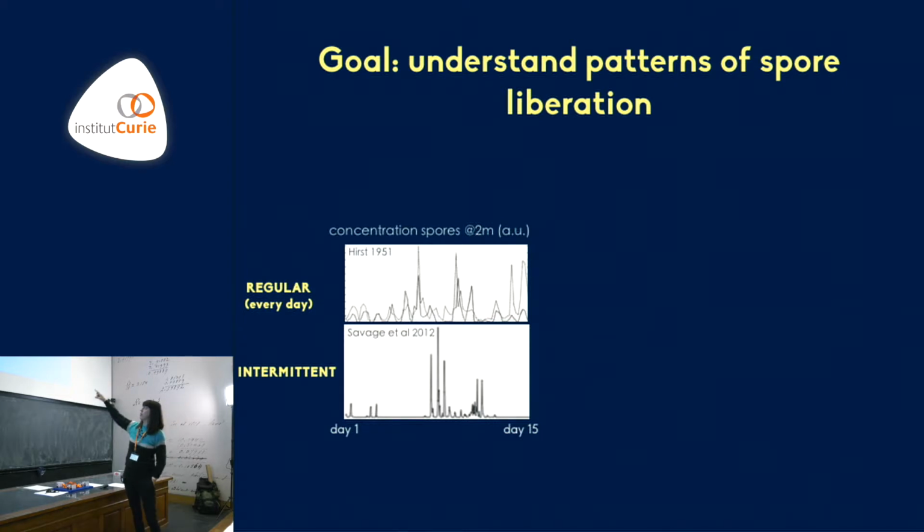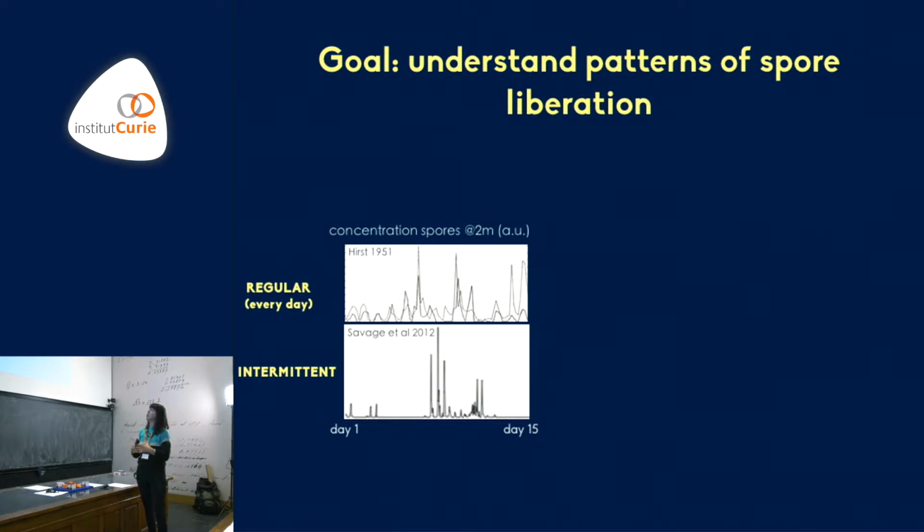These are two examples. There's plenty of this in the literature, where the concentration of spores of a given species is measured close to the ground, but close to the ground means here. So we're going to assume that this is a proxy on when spores are liberated.